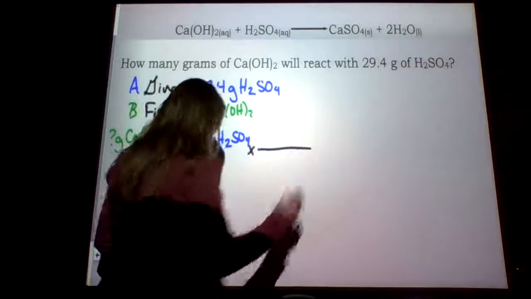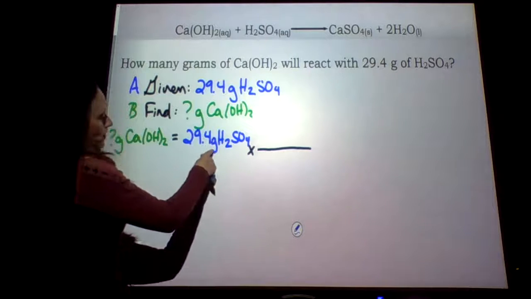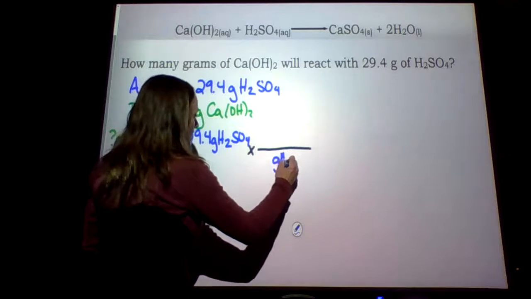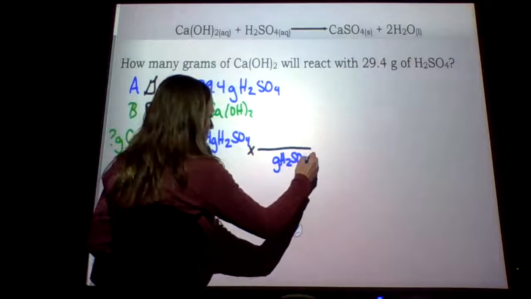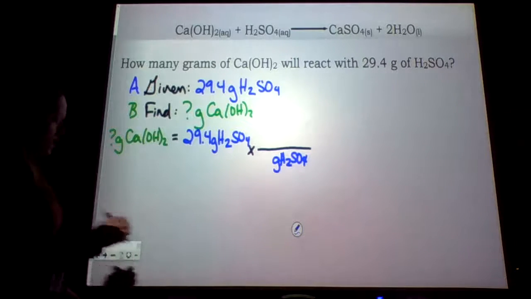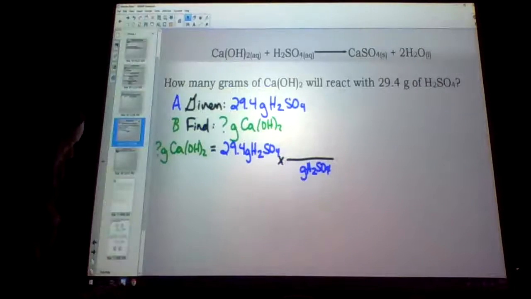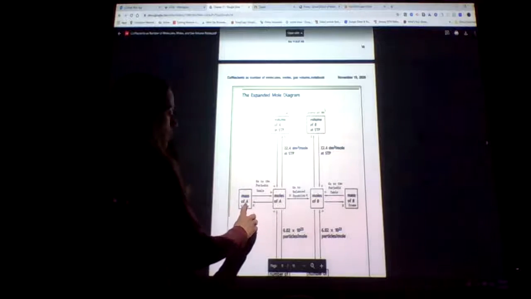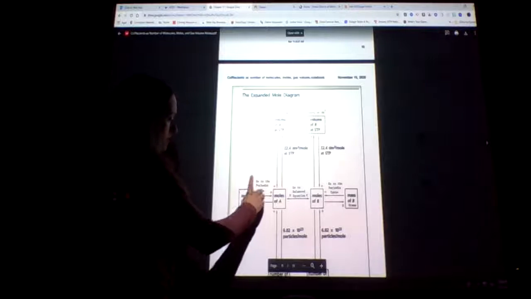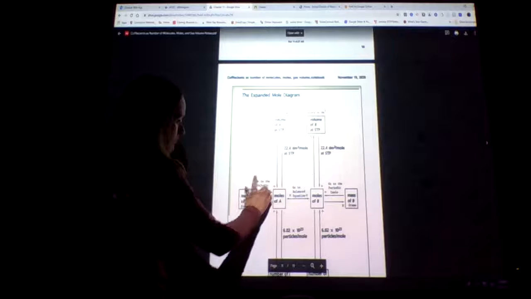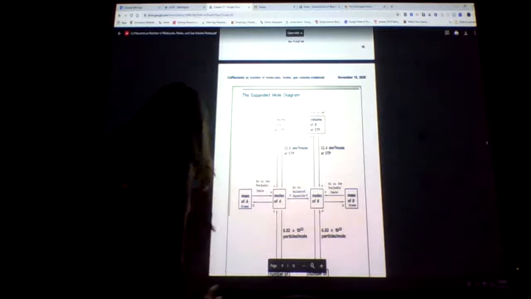Let's set up your first equality. If you want grams of H2SO4 to cancel, that's going to go down here in the bottom. Looking at your mole diagram, we're going to go mass of A to moles of A, or mass of H2SO4 to moles of H2SO4.